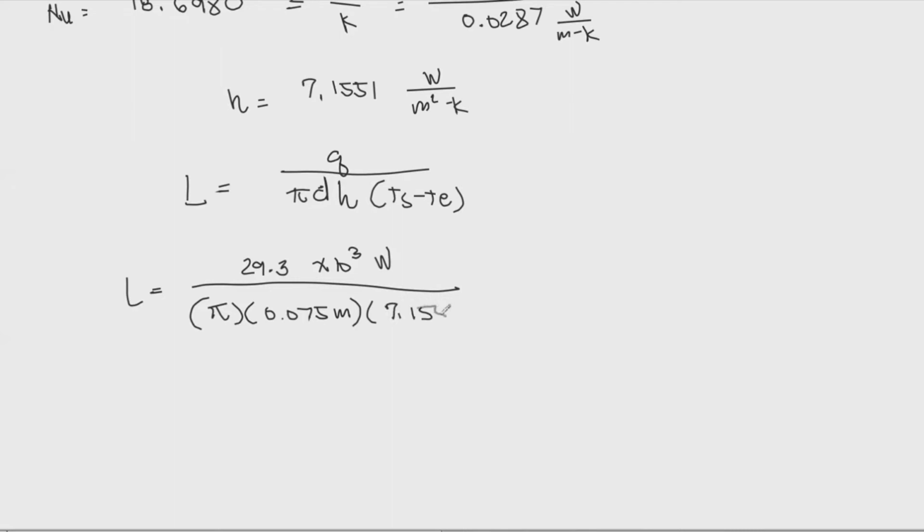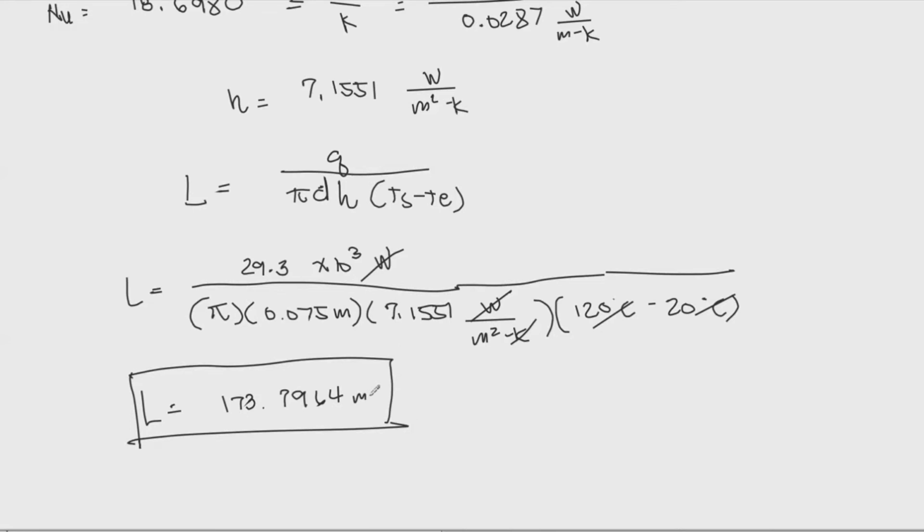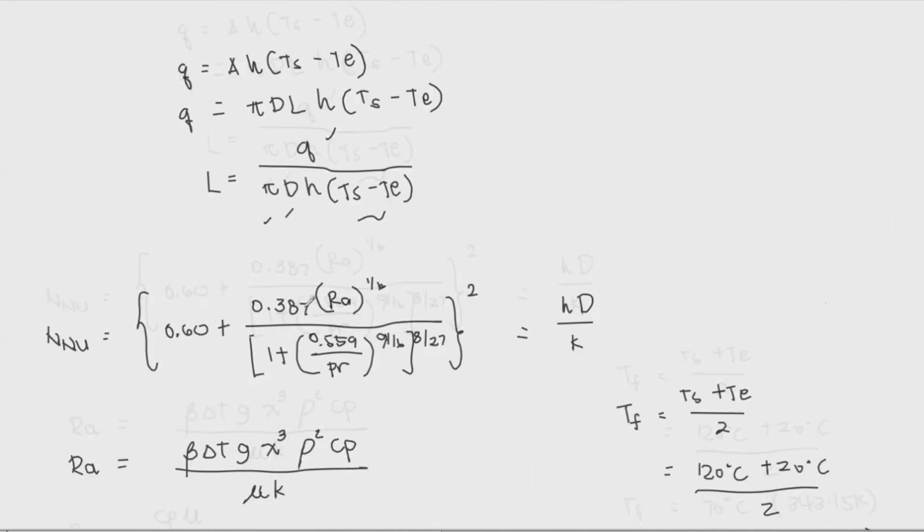And of course the change in temperature would be the surface minus the environment, so 120 degrees Celsius minus 20. Let's cancel out some units so that we obtain the needed length in meters. That is equal to 173.7964 meters.